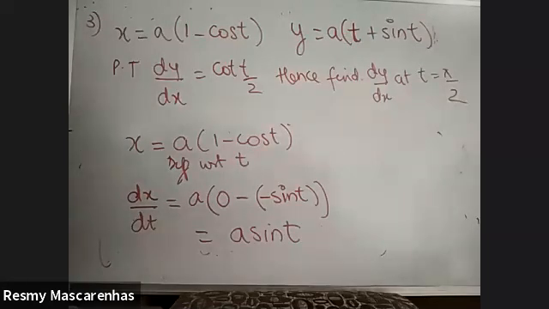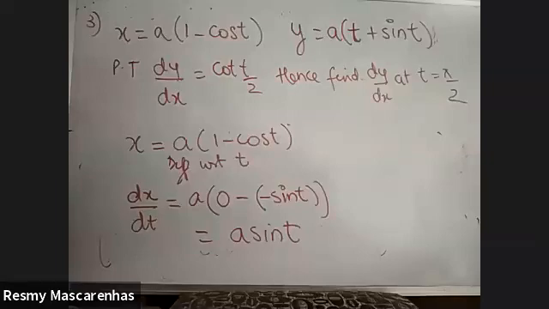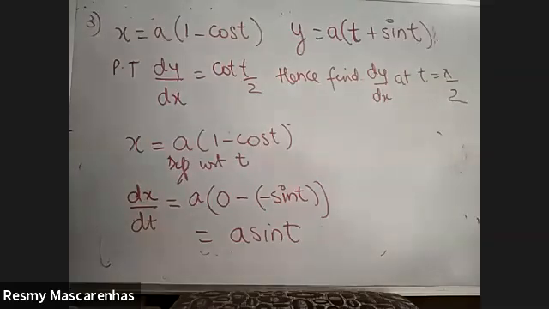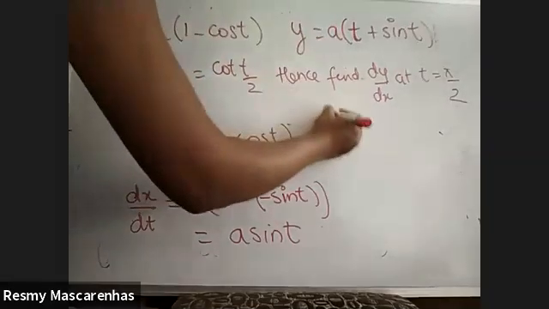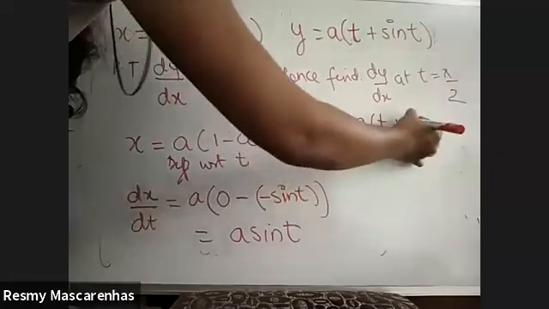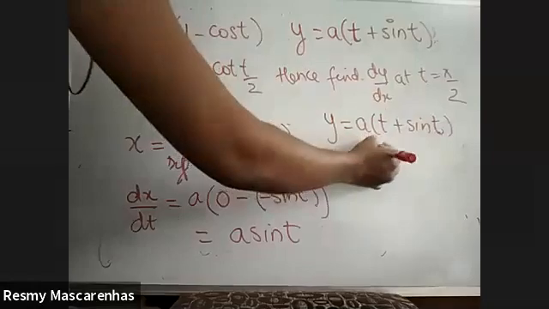Same way, find dy by dt. Anybody got dy by dt? A into 1 plus cos t. Yeah, correct. Okay, then write the answer dy by dx and keep. Then the simplification part I'll tell you. So y is a(t plus sin t), so differentiate again with respect to t.